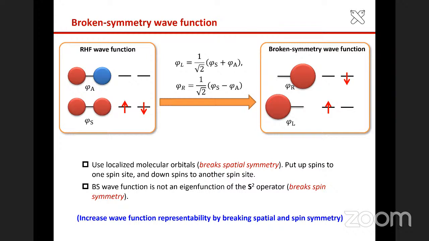Other occupations for other orbitals are, let's say, 1.9 or something, or 0.1 for unoccupied orbitals. So basically, we can calculate the natural orbitals very efficiently by just diagonalizing the one-body density matrix.